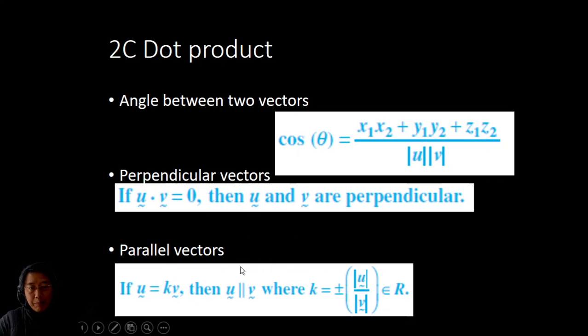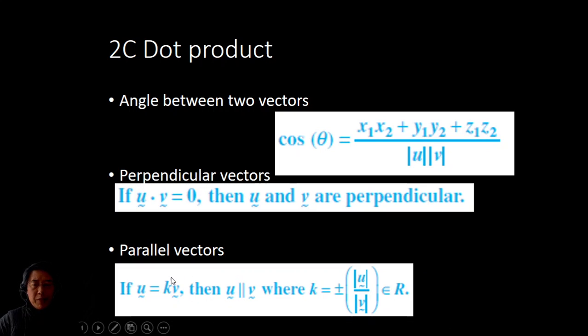If they are perpendicular, then you can conclude that the dot product equals 0, and vice versa. If you calculate your dot product between the two vectors and it equals 0, then you can conclude that those two vectors are perpendicular.